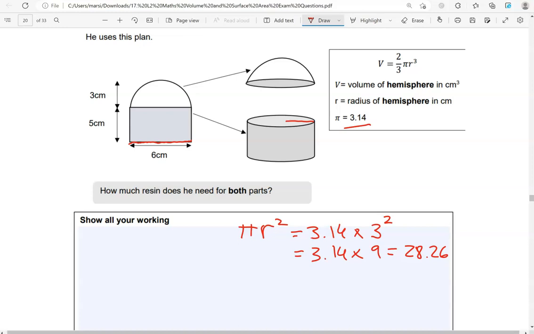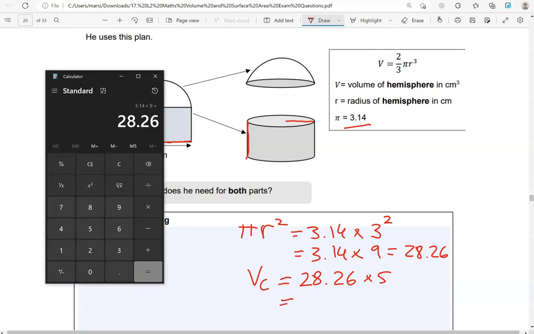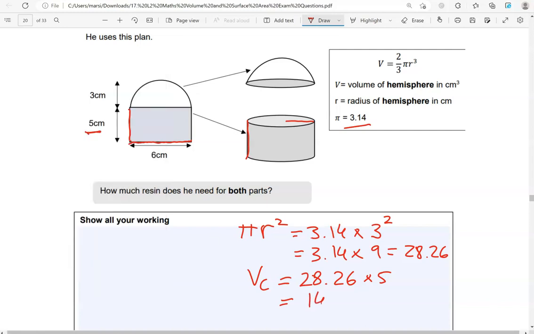So the volume of the cylinder is 28.26 times the height, which is 5 centimeters. So times 5 gives us 141.3 cubic centimeters.